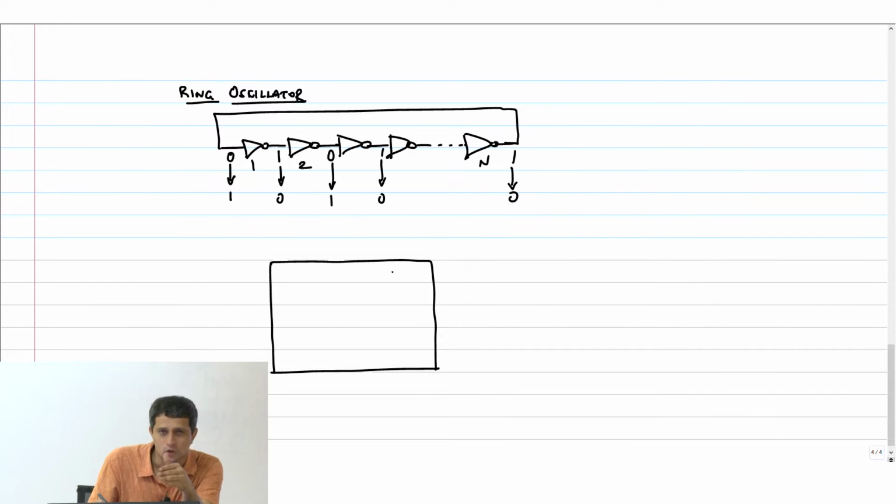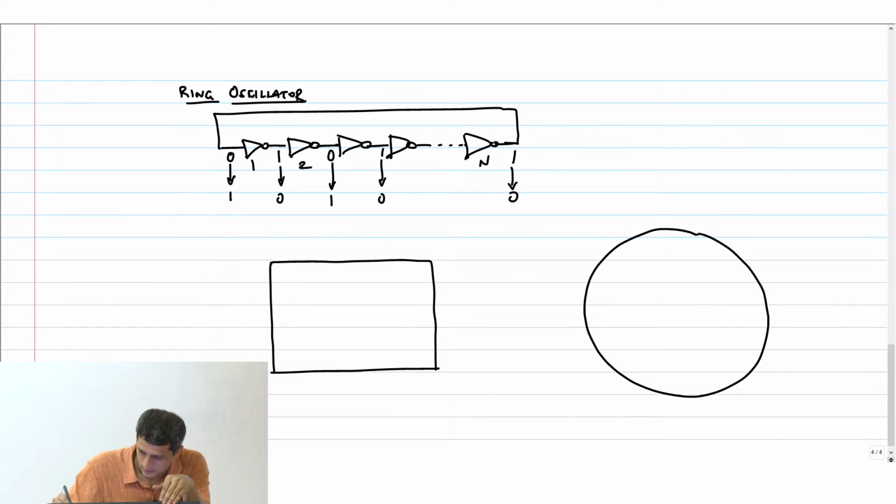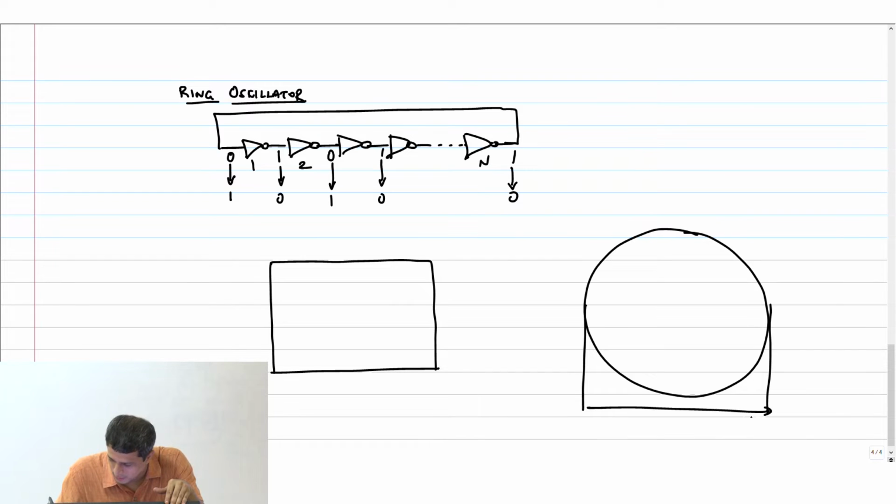So it can so happen that when I manufacture these chips one after the other on a wafer, right? What is a wafer? A wafer is basically a circular thing where the diameter would be 300 mm.